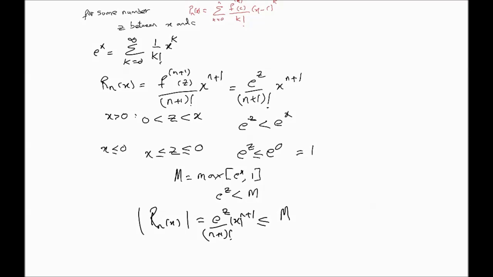Remember, the reason for doing all of this is simply so that we can get a handle on this e^z. Here we have the absolute value of x to the power n plus 1. So it's bounded above by that, and we know the remainder is now therefore bounded.